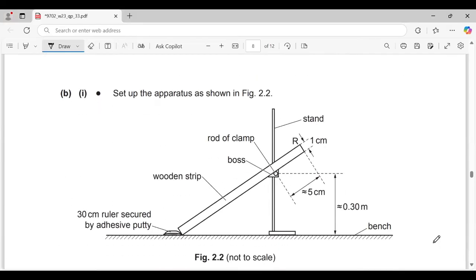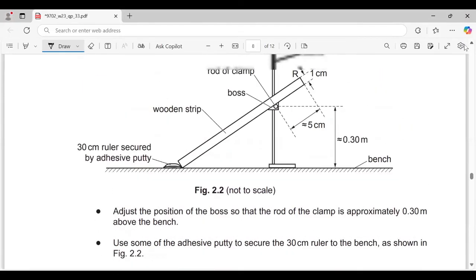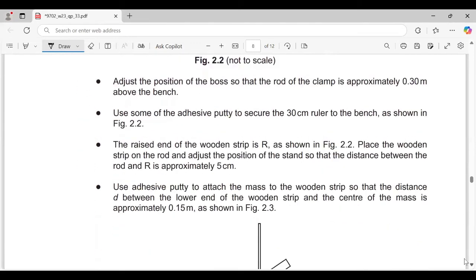Set up the apparatus as shown in figure 2.2. This is the apparatus, already set. Adjust the positions of the boss so that the rod or the clamp is approximately 0.3 meters above the bench. Okay, like this, 0.3, the clamp.